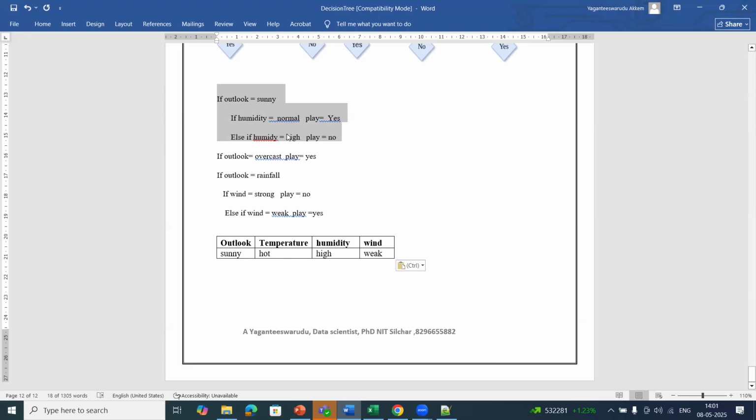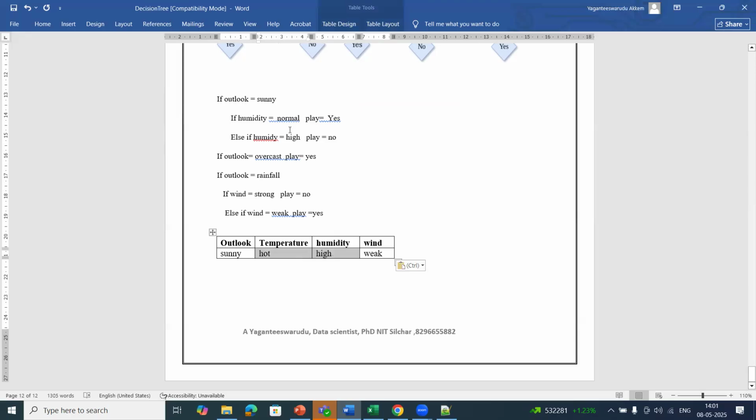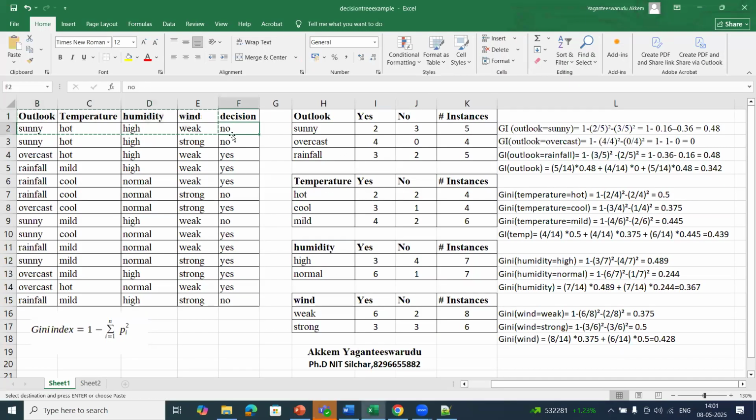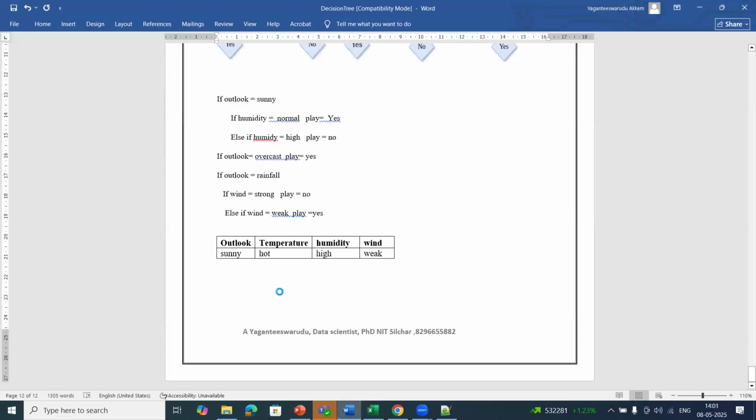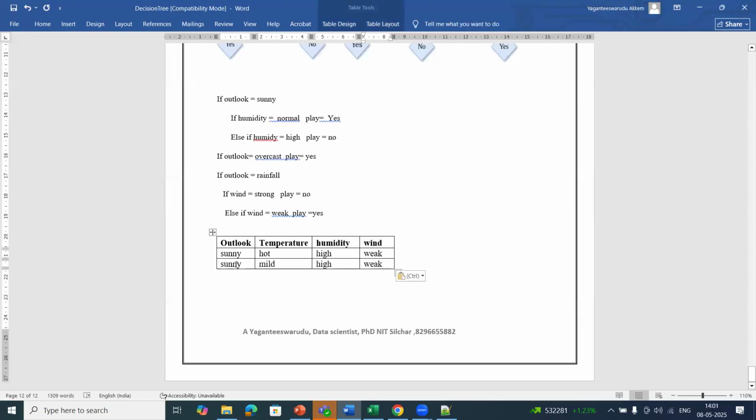If humidity is high, then play will be no. So if you see the decision also, play will be no. So let us take this condition. See here for this second record: sunny outlook and the humidity is high. So the play will be no.